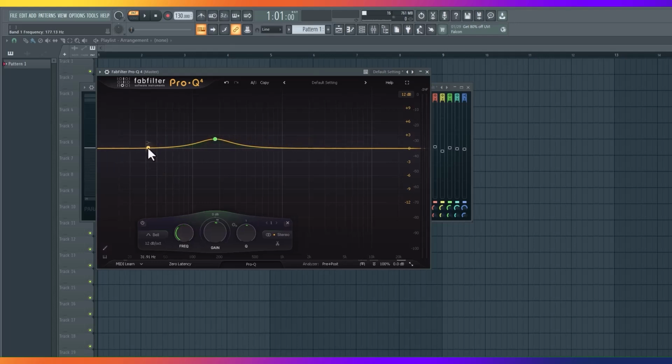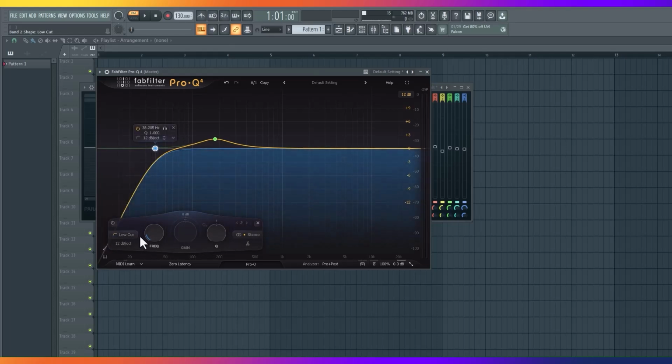And let's talk about the slope also. We have what we call the slope. Let's say, for instance, we are doing a low cut. We can determine the steepness, whether we want to remove everything. So it determines the steepness. Look at what is happening, it's becoming a straight line.